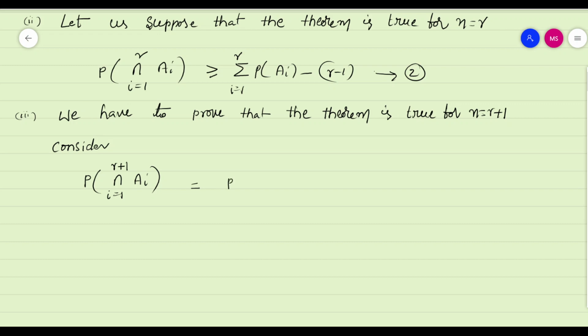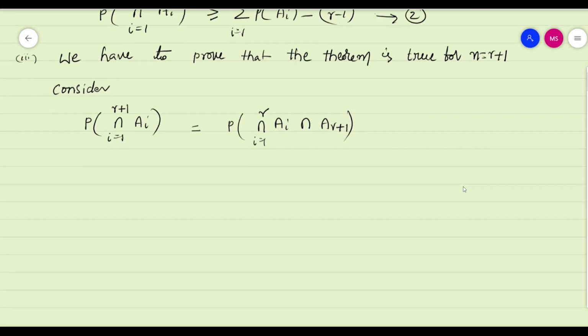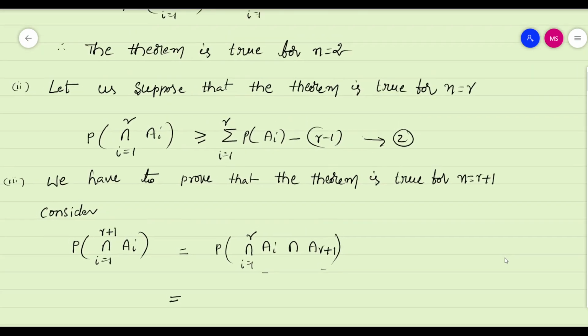This can also be written as P of intersection i running from 1 to r of Ai, intersection A(r+1). I explained this concept in the last videos. Treat the first as A1 and the second as A2.